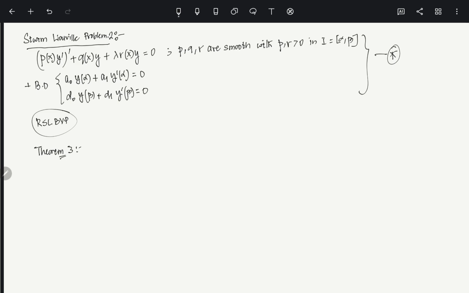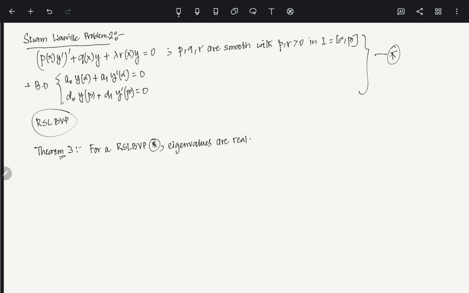So what is the third property? The third property says that for a regular Sturm-Liouville boundary value problem star, eigenvalues are real.